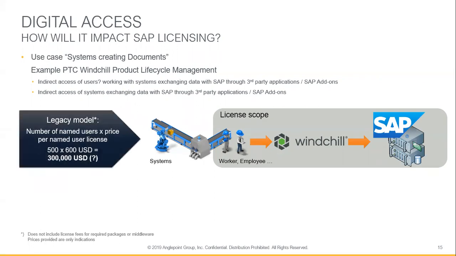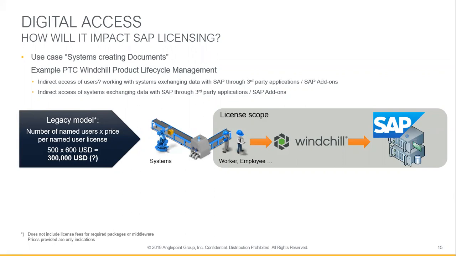In this setup, there definitely have been in the past also specific package licenses available from SAP. Think about something like utility service providers, where SAP offers special package licenses for smart meters. Definitely in these scenarios, there was already something like a document license, but it was basically based on devices, and again, specifically for utility service providers.